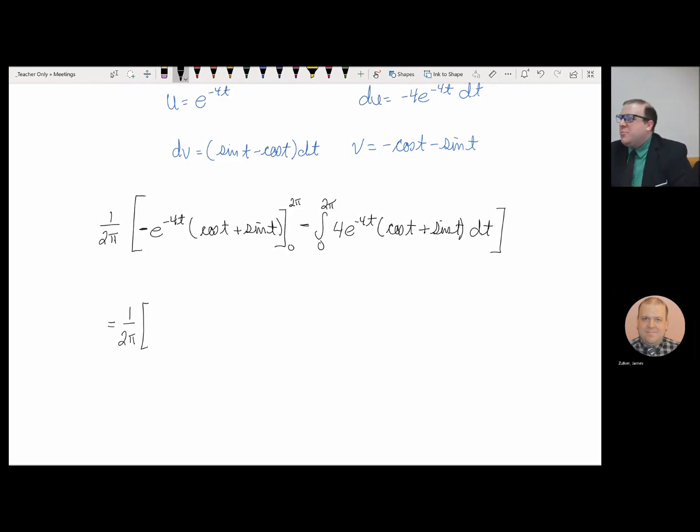Let's evaluate that first term. Start with 2 pi. Get negative e to the negative 8 pi. Cosine of 2 pi, sine of 2 pi.